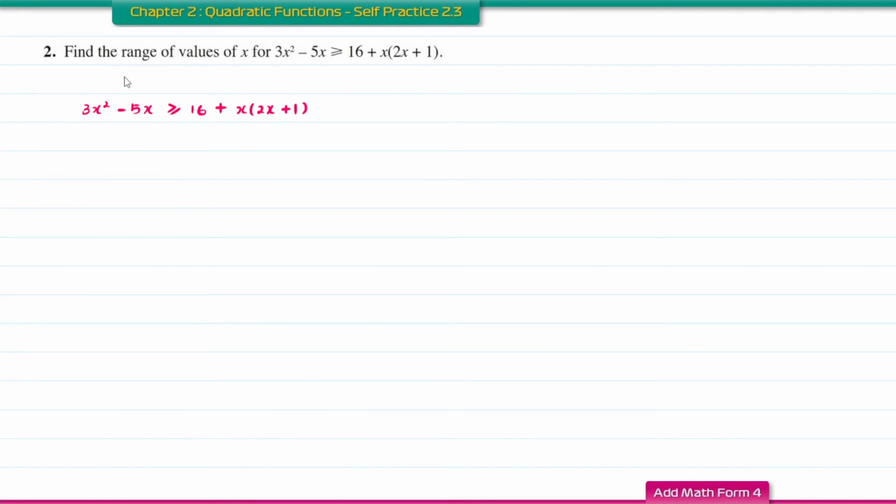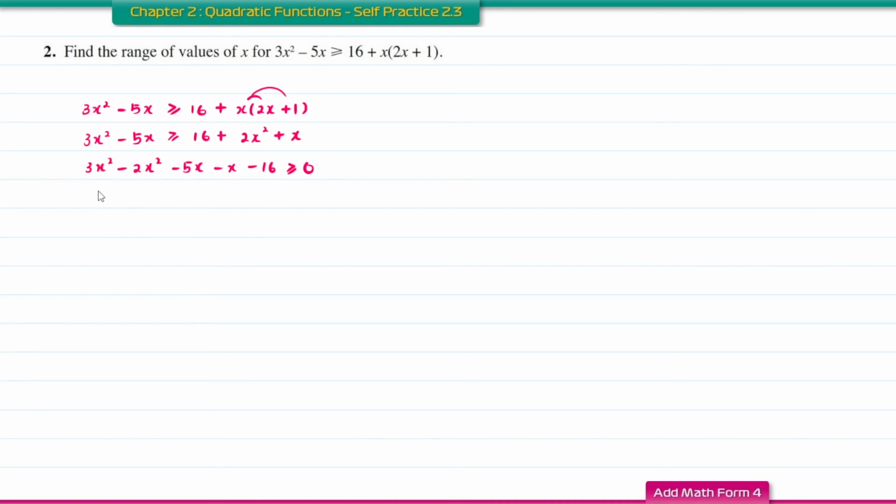Question number 2. Find the range of value of x for these inequalities. First, we're going to expand these parts. So here you're going to have 2x squared plus x. Then we're going to move everything to the left hand side. Minus 2x squared minus 5x minus x minus 16 greater than or equal to 0.